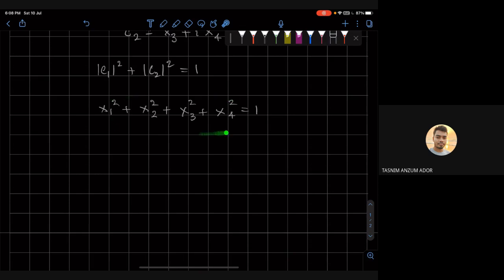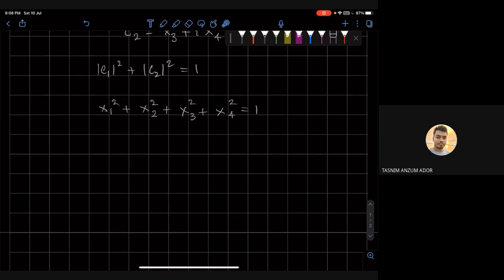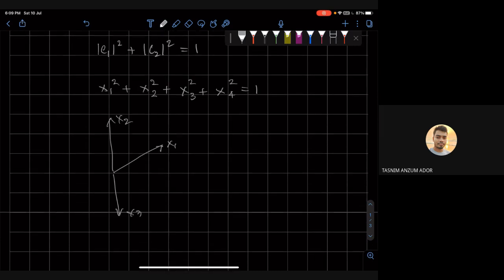and there's one constraint. So if I were to plot the surface that is satisfied by this constraint in this 4-dimensional space, where the axes are x1, x2, x3, and there's an x4 axis, then this is a 4-dimensional space.